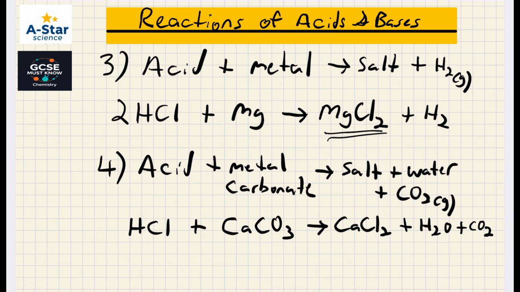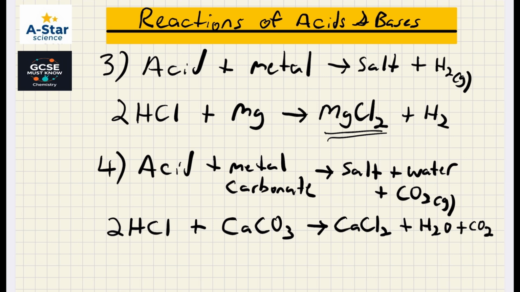Let's see if we can balance it. There are 3 oxygens on the right, 3 oxygens on the left, 1 carbon on the left, 1 carbon on the right, 2 hydrogens, so that doesn't work. So we need to put a 2 in front of that. Now that gives us 2 chlorines. So that appears to be balanced now.